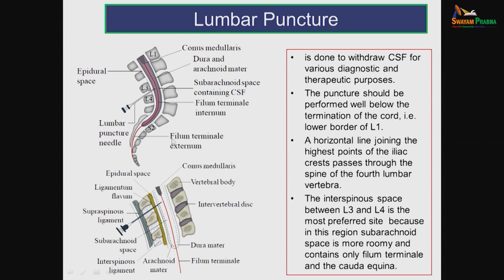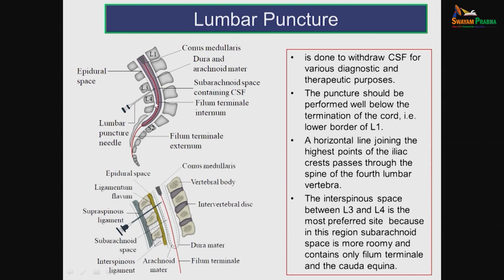The importance is you should know where to do the lumbar puncture. It is preferred to do the lumbar puncture below the lower border of L1, because at the lower border of L1 your spinal cord ends. If you ascend up, there is a likely chance of injuring the cord.